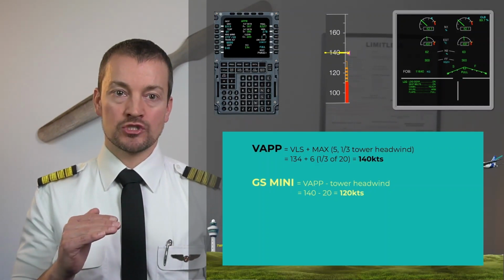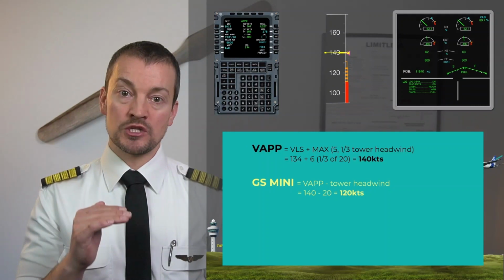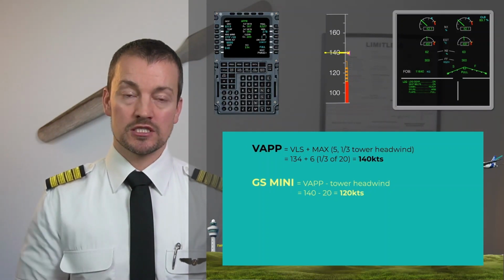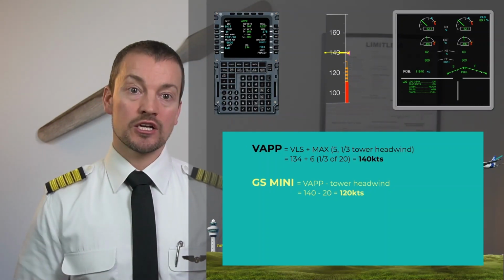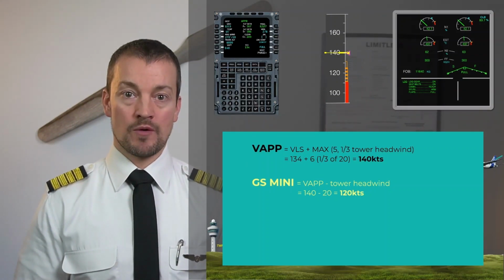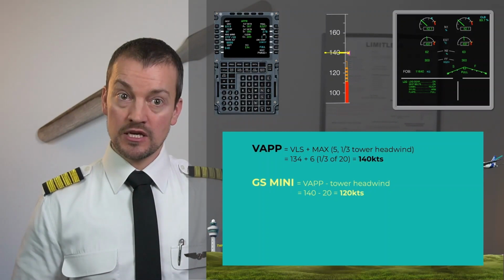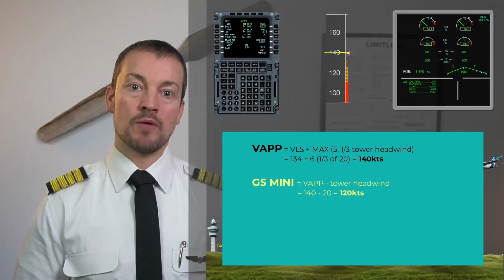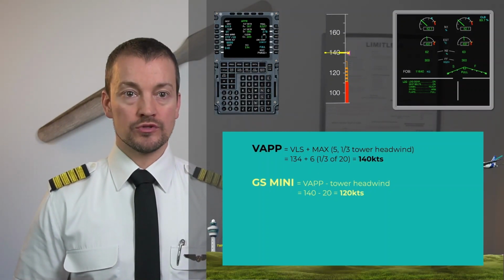The ground speed mini function will not allow the aircraft's ground speed to go below 120 knots. In order for it to maintain 120 knots, it needs to fly an indicated speed of 140. Hence why the approach speed is 140 and the minimum being 120.